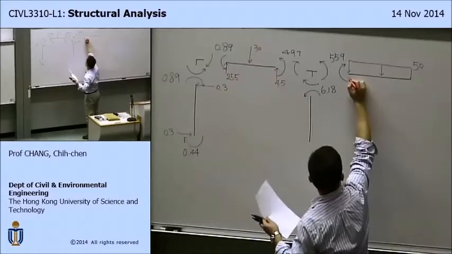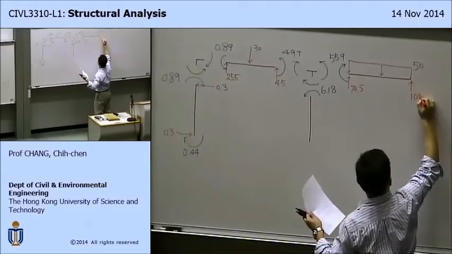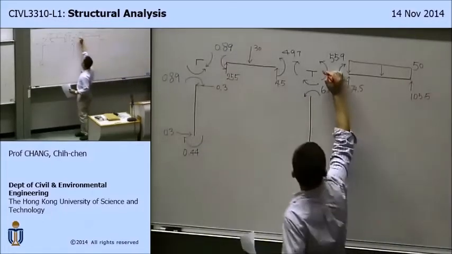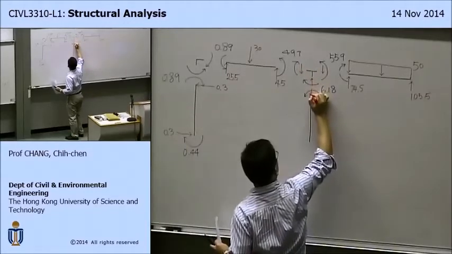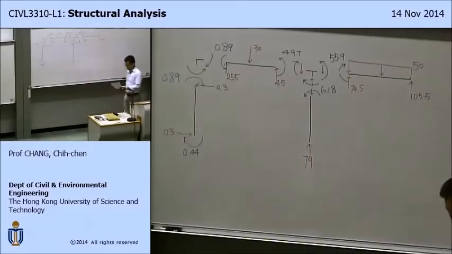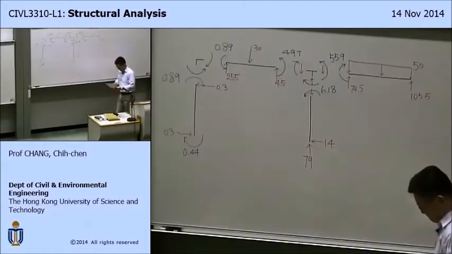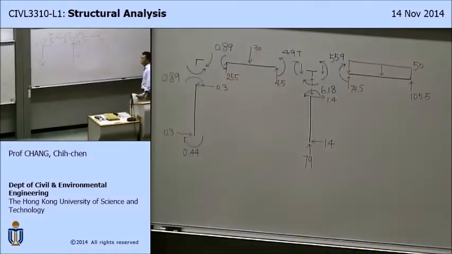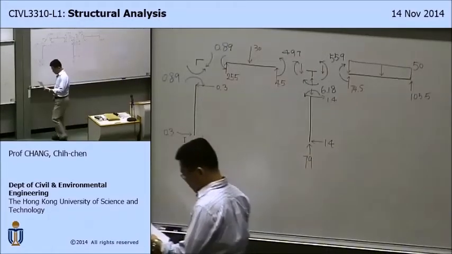Finishing up. So you finish up all the analysis, action reactions, balance. So this is 79. They should have a shear force of 1.4. What else do we miss?